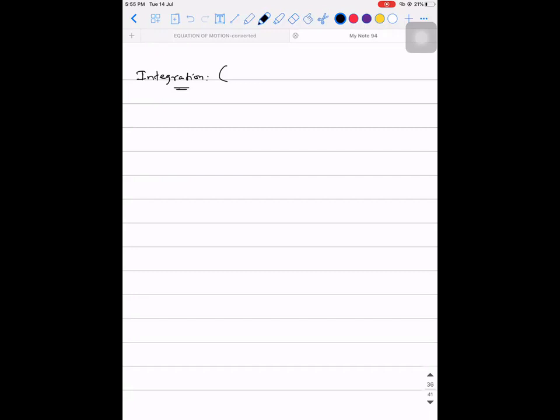In a similar way, when you integrate, what do you think you're going to get? Integration, in basic terms, is nothing but adding up things. Integration is basically addition, right? You add up something.